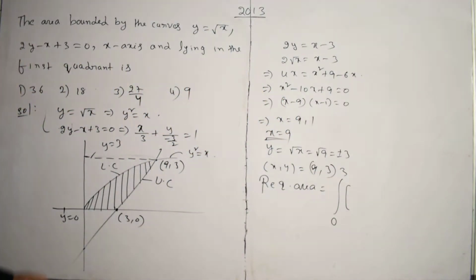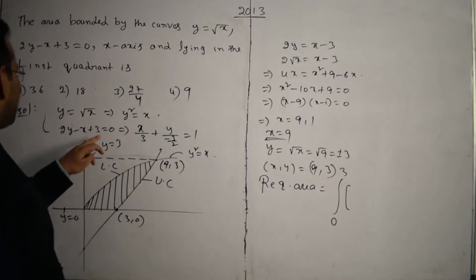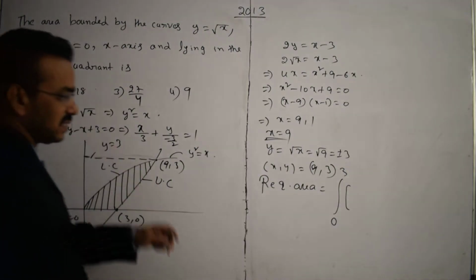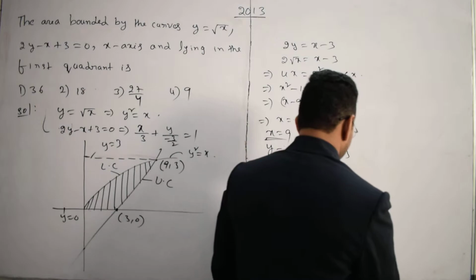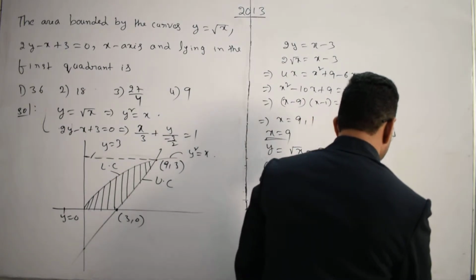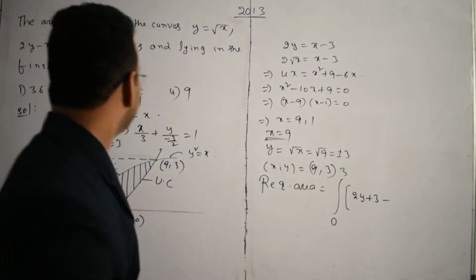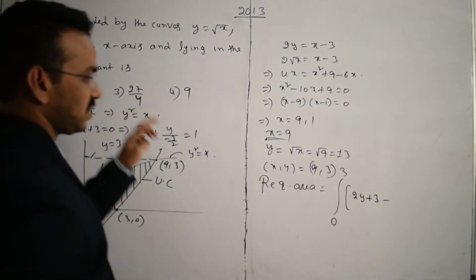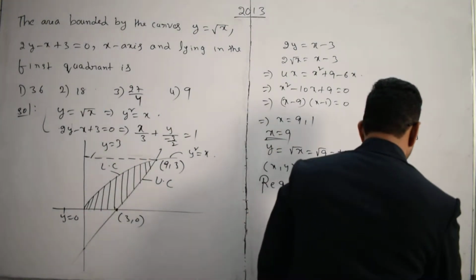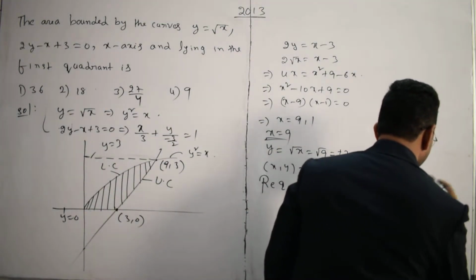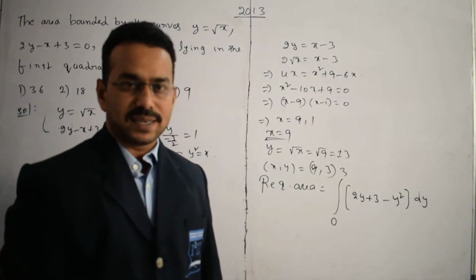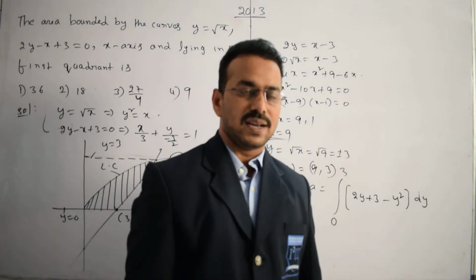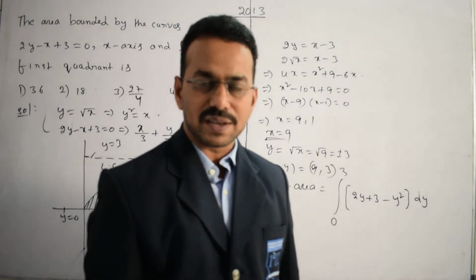So here, if you take the given curve, x equals 2y plus 3. This is the upper curve, 2y plus 3, minus x equals y square. You have to take x equals y square with respect to y. We consider the limits along the y-axis and at the same time the integrand in terms of y.